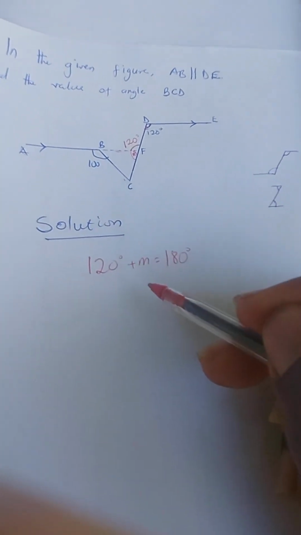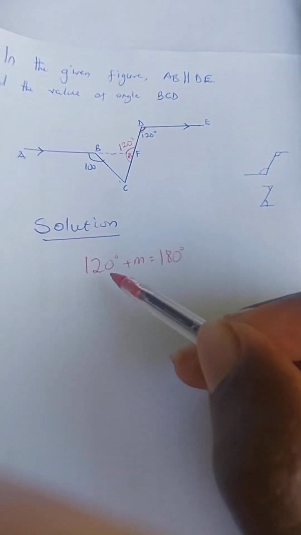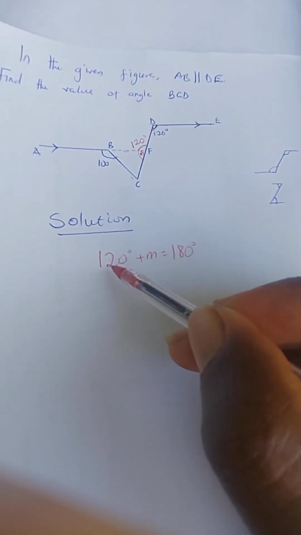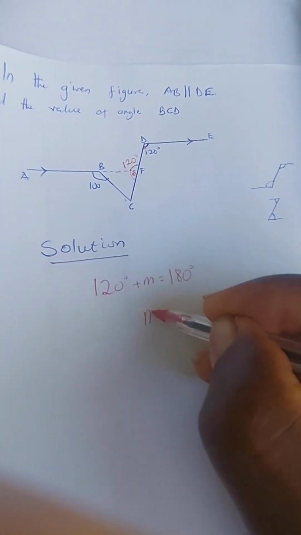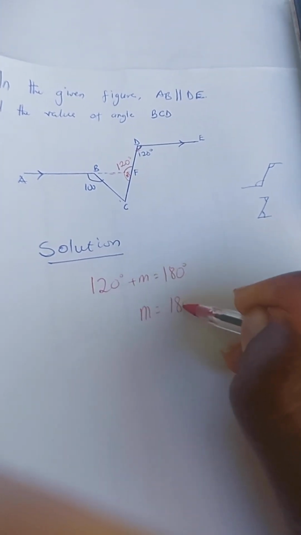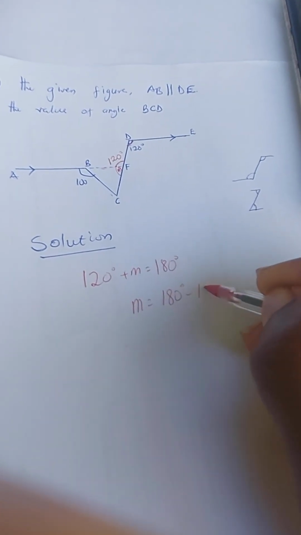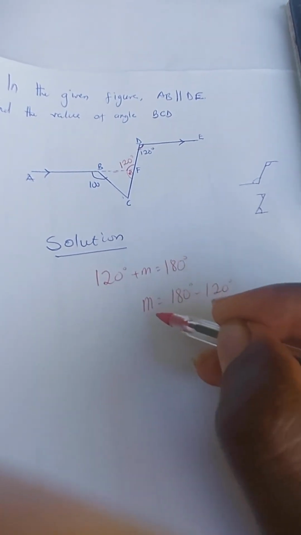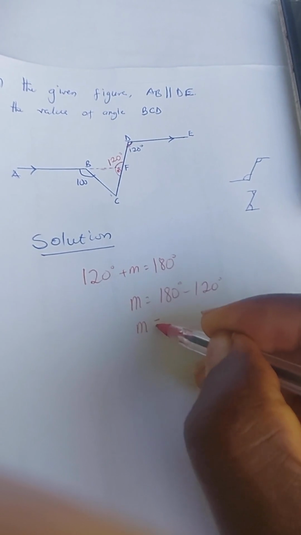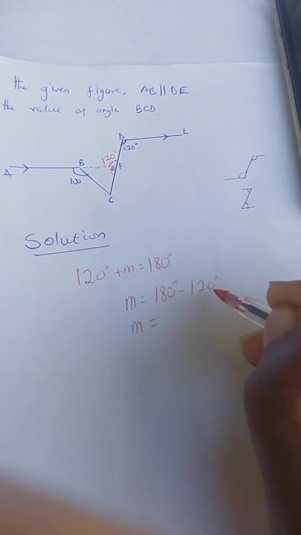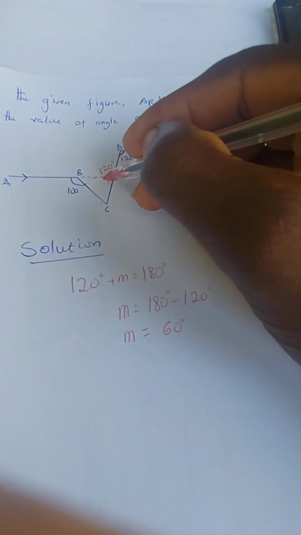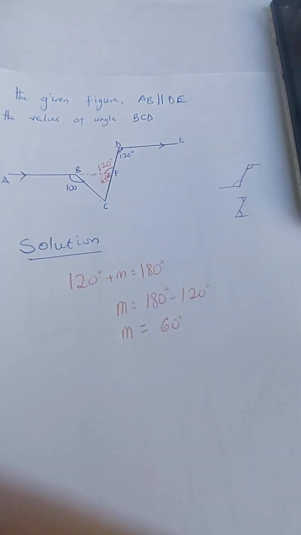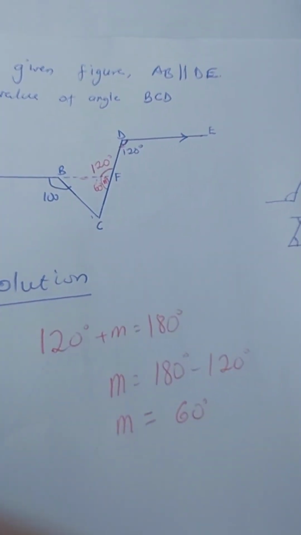To find the value of M, we transpose 120 degrees to the right hand side. So M is equal to 180 degrees minus 120 degrees, which is 60 degrees. So the angle formed at M here is 60 degrees.